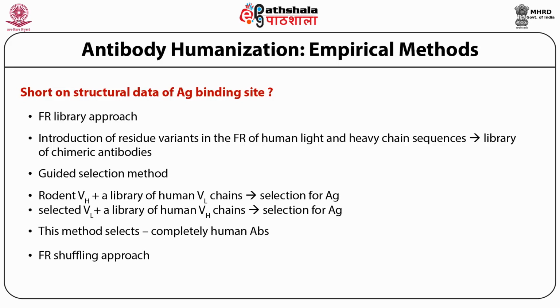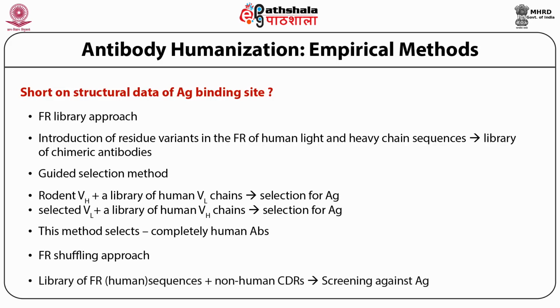The third method which I would like to discuss with you here is the FR shuffling approach. The FR library approach and the FR shuffling approach have a very slight difference: in FR shuffling, the complete FR of the human sequences, in the form of a library, is fused with the non-human CDRs. So the framework region of human antibodies is combined with the non-human CDRs, and the FR is of human germline origin.